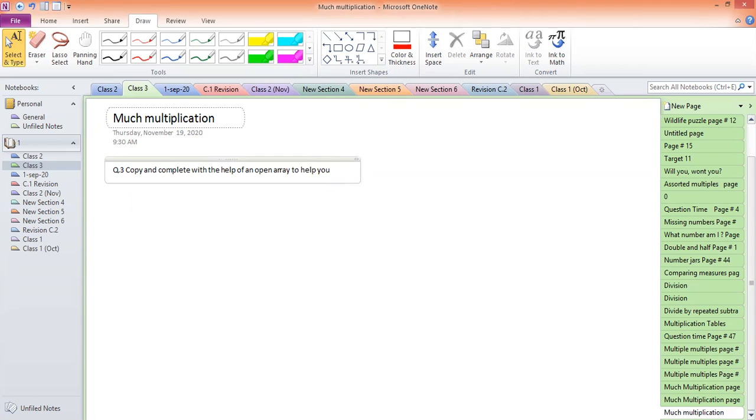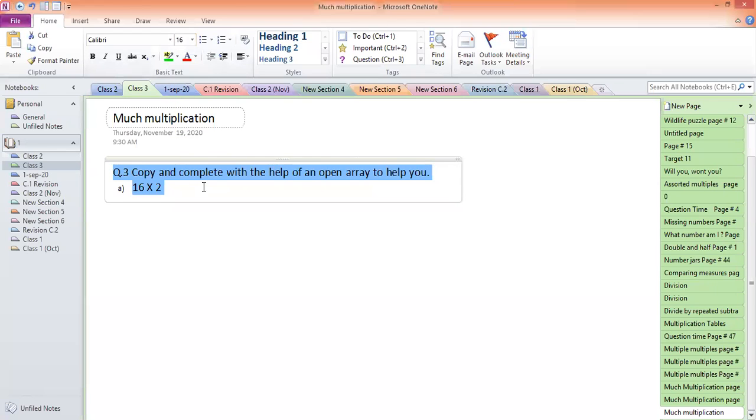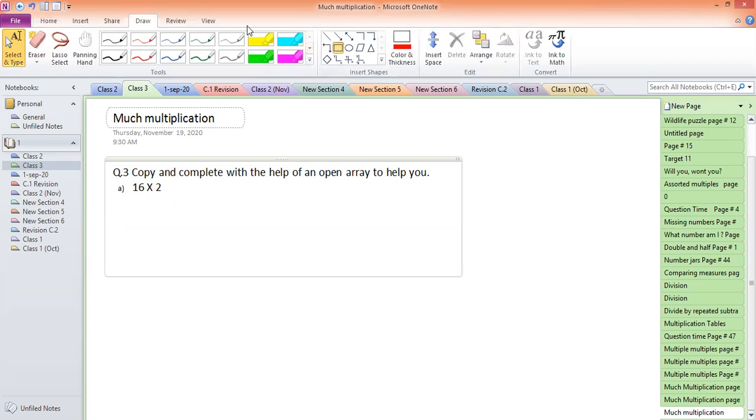Okay, guys, this is the question, and A is 16 multiplied by 2. I'm going to make it bigger for you. 16 multiplied by 2. So I will draw one rectangle first.